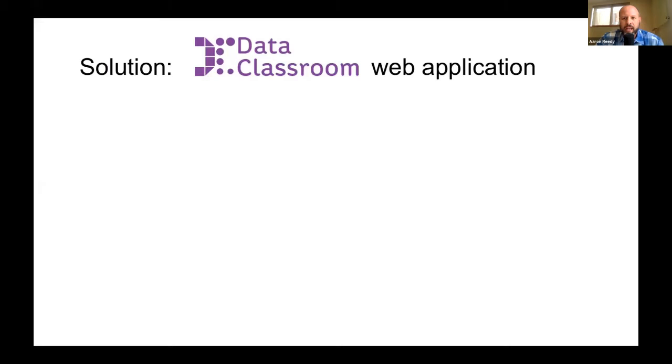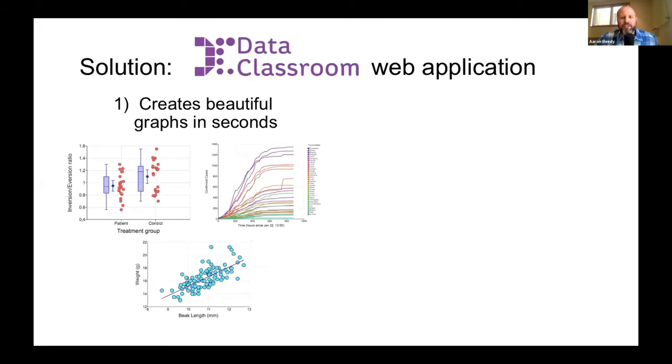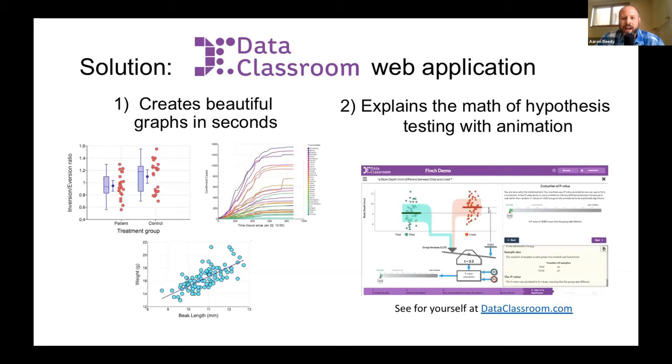So the solution that I have been building is Data Classroom, and it does a few things. One is that it creates beautiful graphs in seconds, like these that you see here, but it can create many different types of graphs. It's extremely flexible in that way. It explains the math behind hypothesis testing through animation, so that students are not just operating some kind of black box equation and getting out a p-value at the end, but they actually can go through these calculations step by step, see the quantities that drive the numbers and how they're connected to the raw data points.